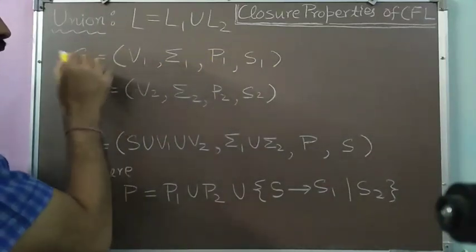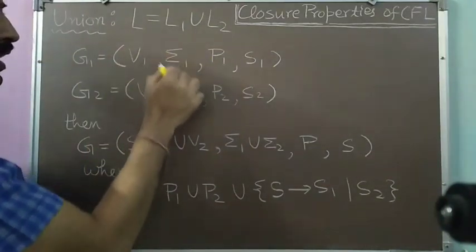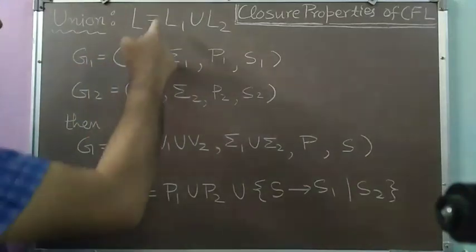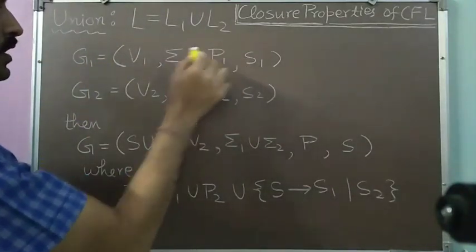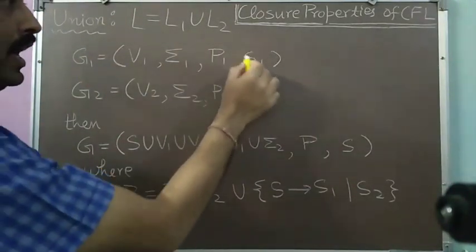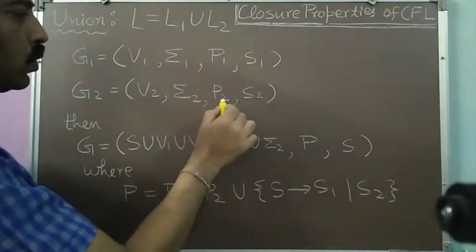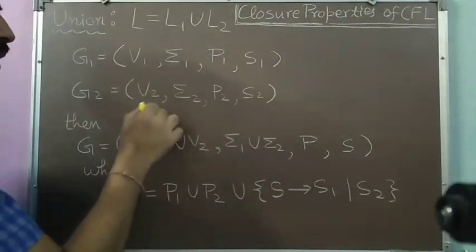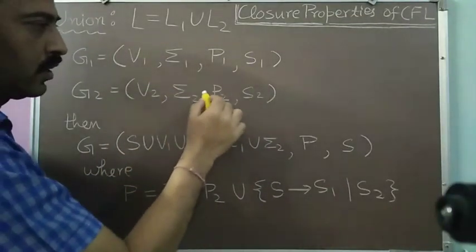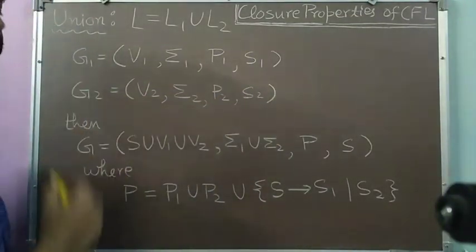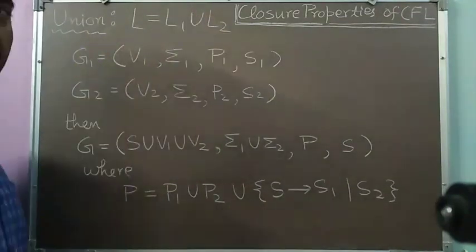V1 is the set of variables in G1, Sigma 1 is the alphabet over which the language L1 has been defined, P1 is the set of productions in the grammar, and S1 is the start symbol of the grammar G1. Similarly, V2, Sigma 2, P2 and S2 are the variables, alphabet, set of productions and start symbol of the grammar G2, which is representing the language L2.